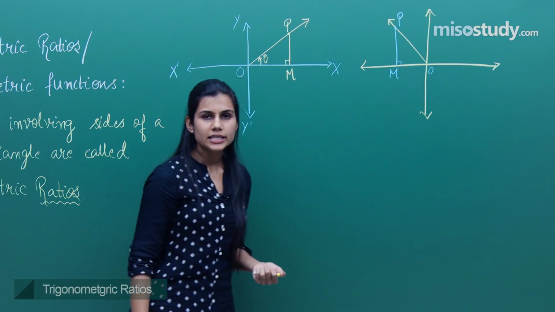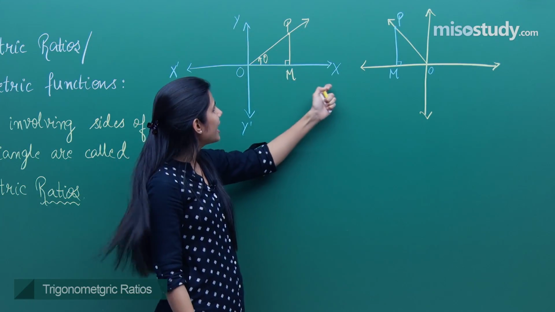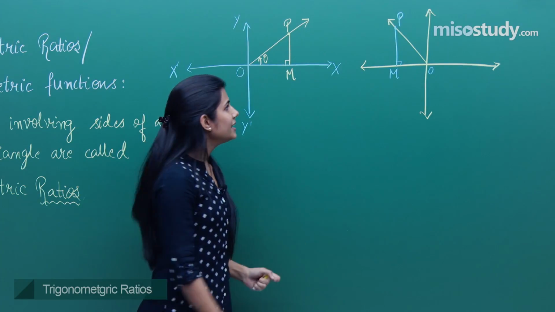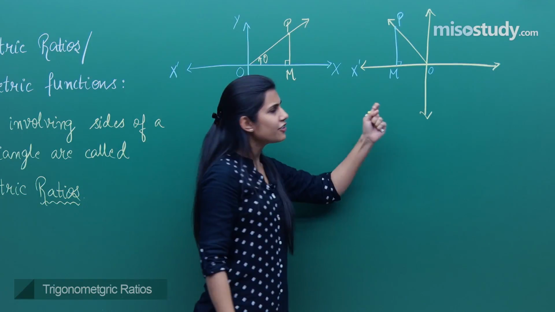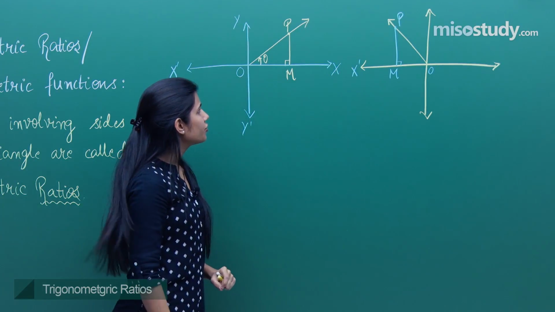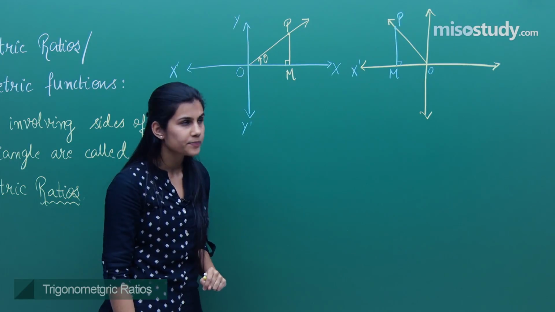The only difference is the terminal side of angle XOP and the terminal side of angle X'OP. These two angles have their terminal sides lying in two different quadrants.